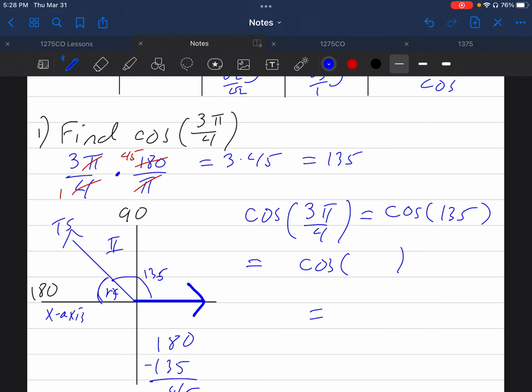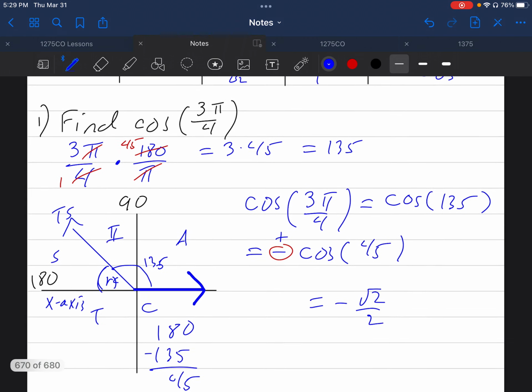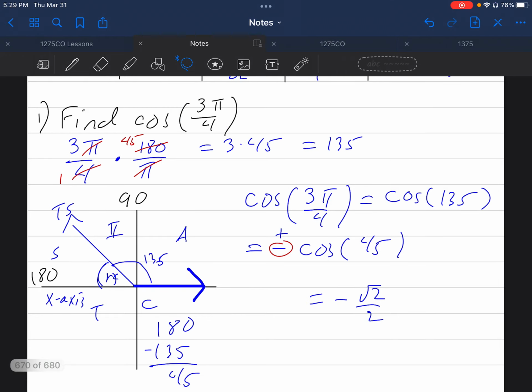Then we can replace 135 with 45, but because this is in the second quadrant and we are using the cosine function, all students take class, ASTC, tells us that this answer is going to be negative. This answer is going to be positive or negative based on the quadrant and the trig function we're using. We're going negative in this one. So we have a negative value of radical 2 over 2 as the cosine of 3 pi over 4 radians.